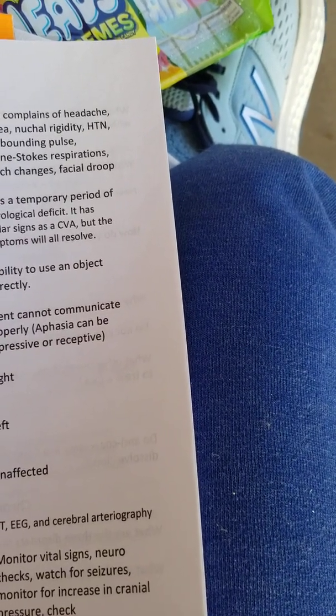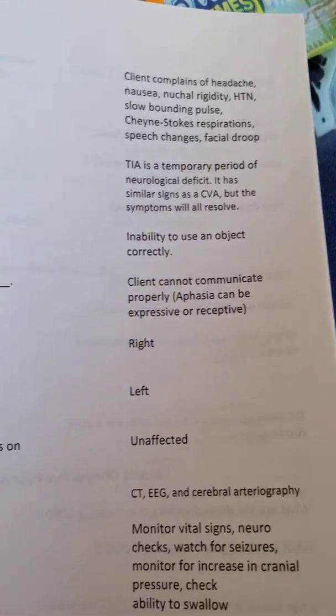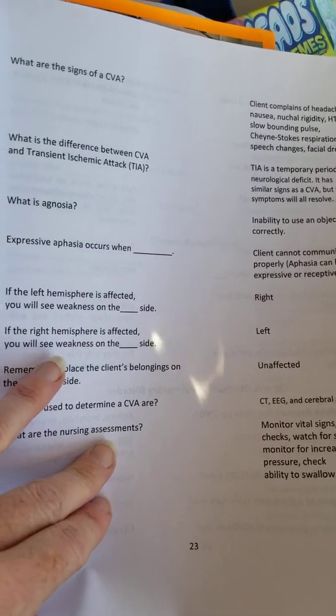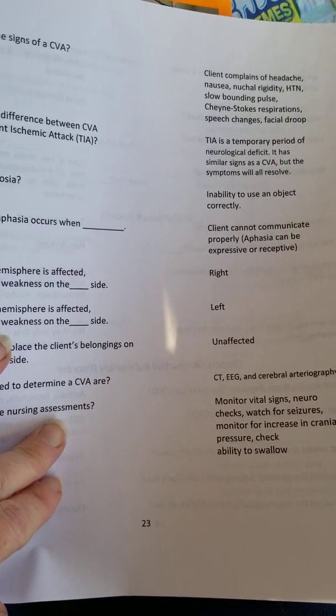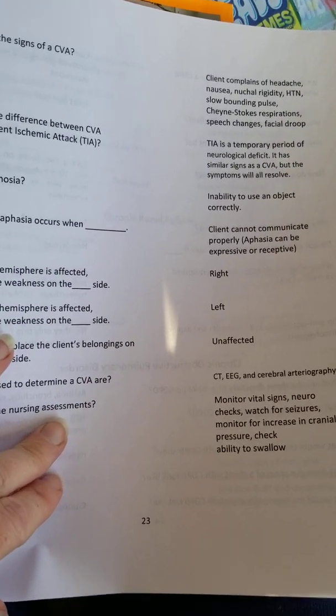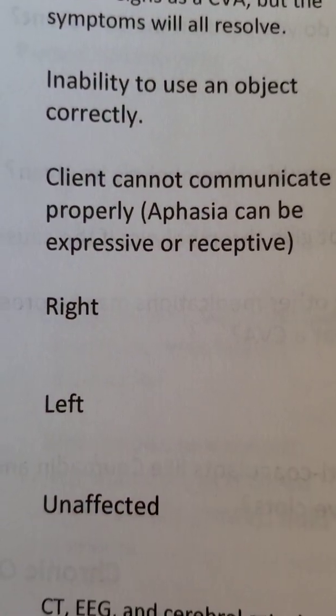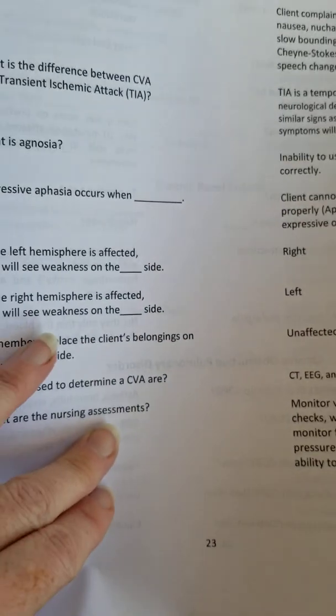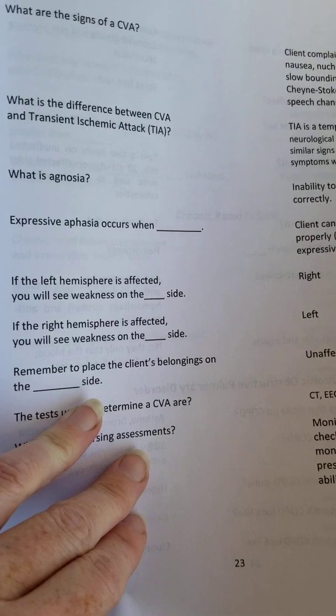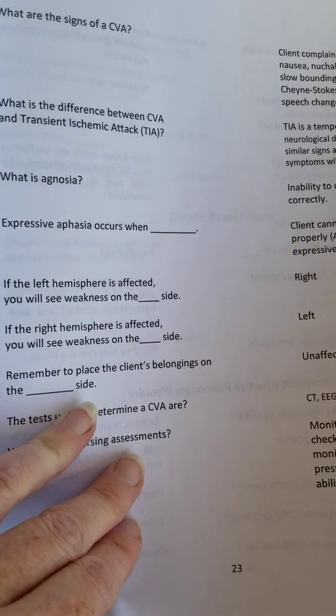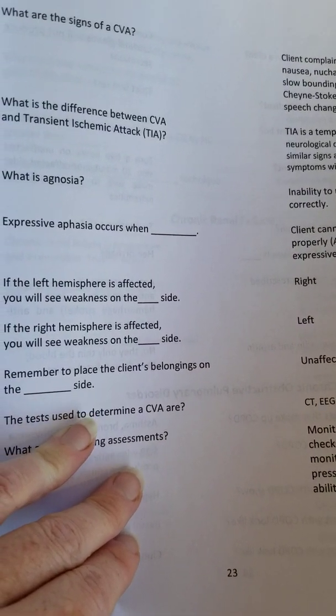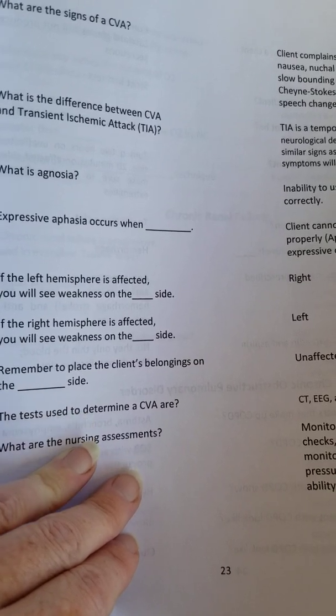Agnosia is inability to use an object correctly. Expressive aphasia occurs when a client cannot communicate properly. Aphasia can be expressive or receptive. Left hemisphere affected, stroke will weaken the right side. Right hemisphere will affect the left side.